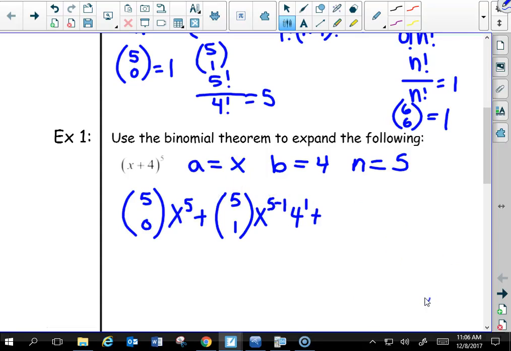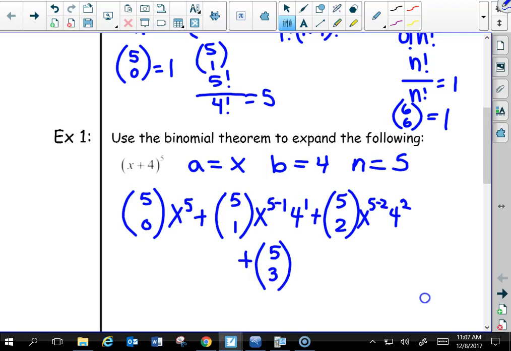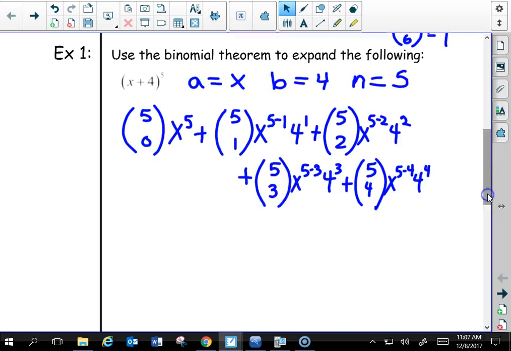So I'm going down from 5 to 0. So 5, 2, x to the 5 minus 2, 4 squared, plus 5, 3, x to the 5 minus 3, 4 to the third, plus 5, 4, x to the 5 minus 4, 4 to the fourth, and I need some more room.